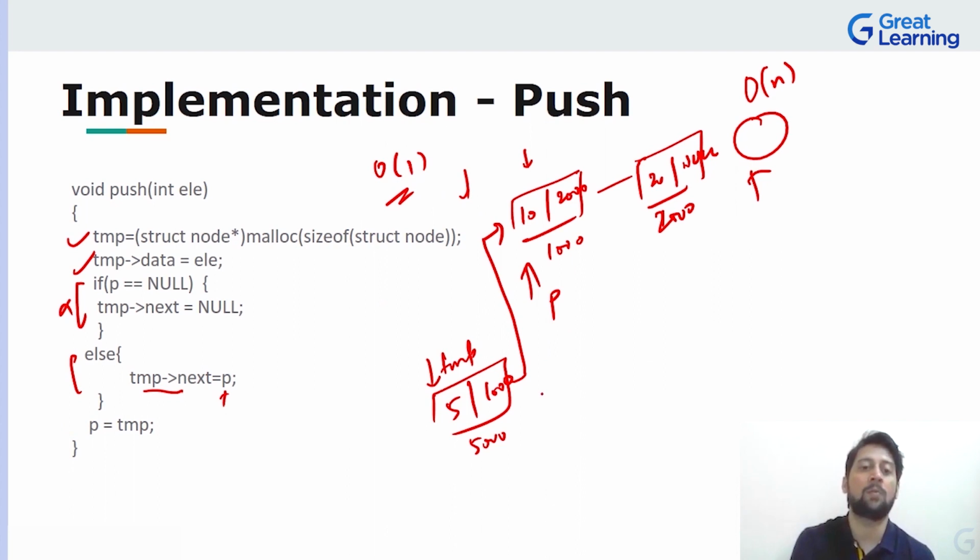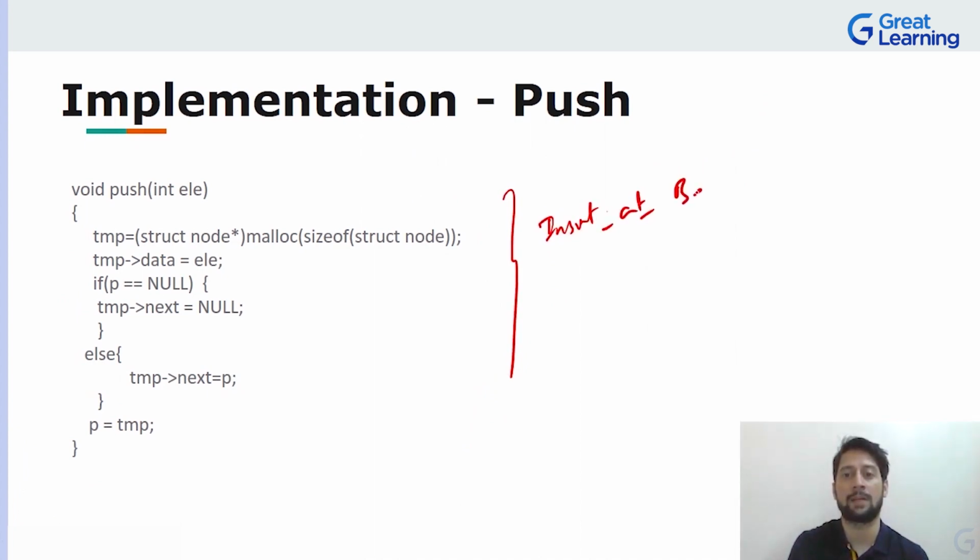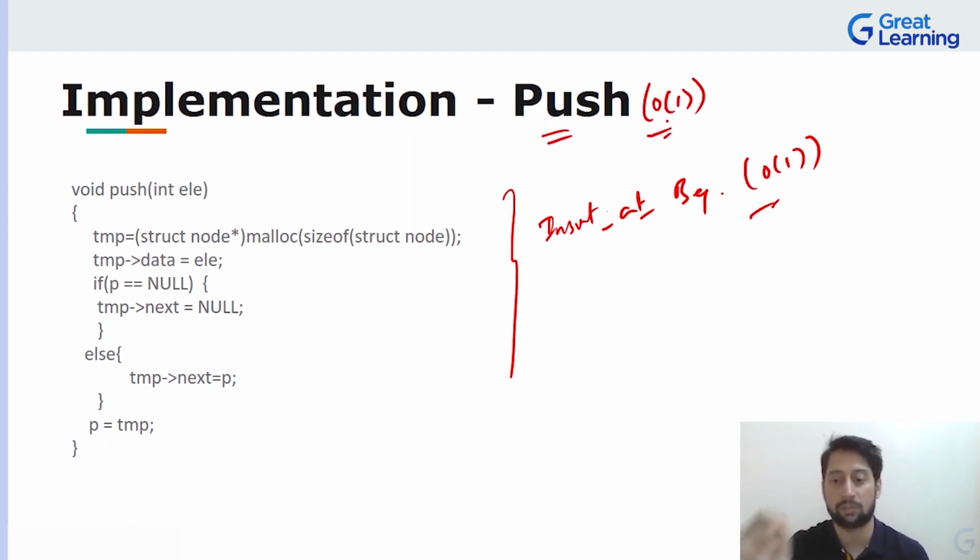Now after that, we'll just update our p, that is our head, and it is pointing to the first node. Done. So this is how you implement push operation using linked list, which is nothing but inserting your element at the beginning, because it takes constant amount of time, and we need to implement this push operation in constant amount of time.